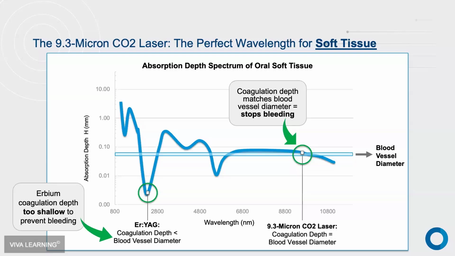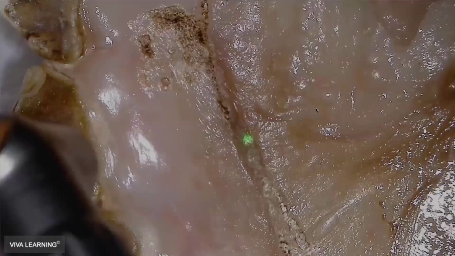And this video, although it's a little bit gross, I got to admit, is basically the floor of the mouth of the pig jaw. The green dot is the aiming beam of the laser. You can't see the 9.3 micron beam, so there's a little green dot to show where you're actually going to be cutting. And what you're going to see is basically collagen contracting toward the center of the beam. And essentially what this kind of answers is the question, well, how come it doesn't bleed when it cuts?